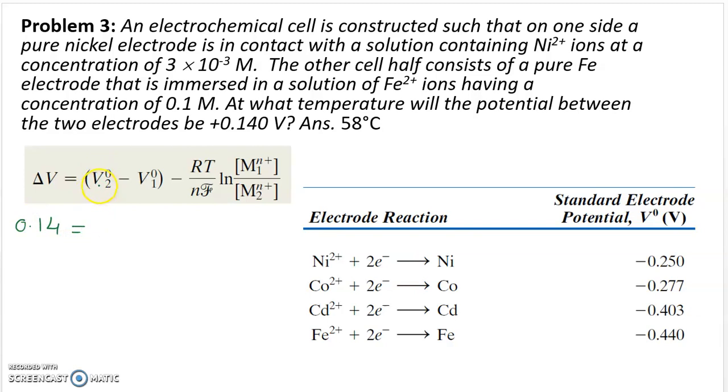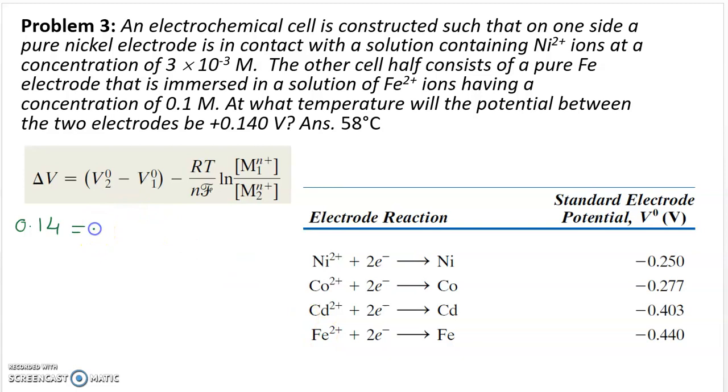V2 is the standard half cell potential for the cathode. In this case, what will be the cathode? Nickel will act as the cathode, and iron will act as the anode.